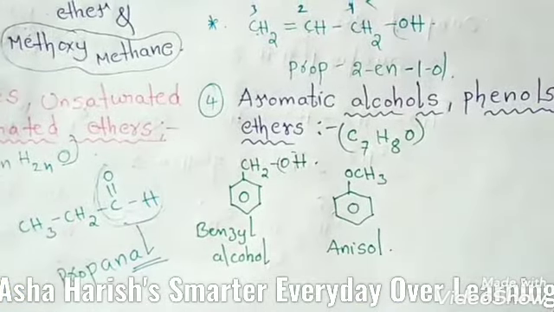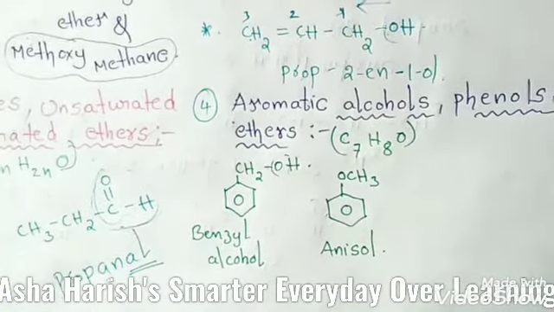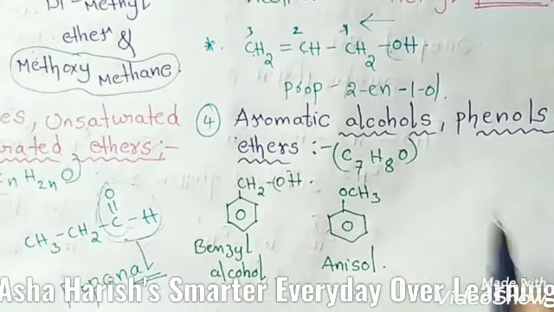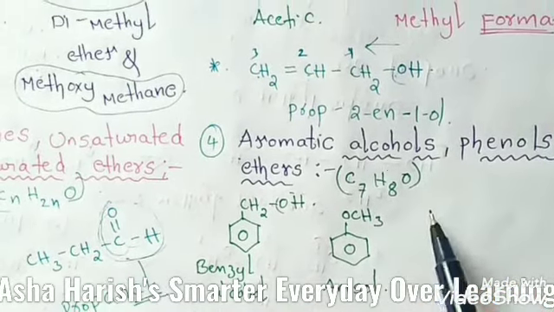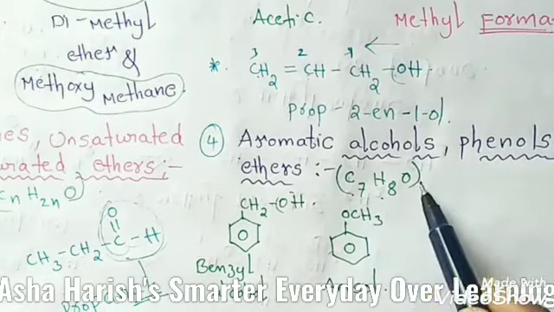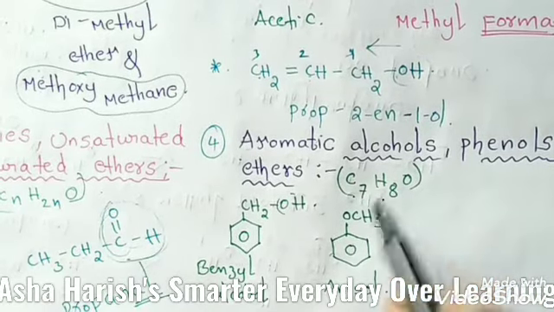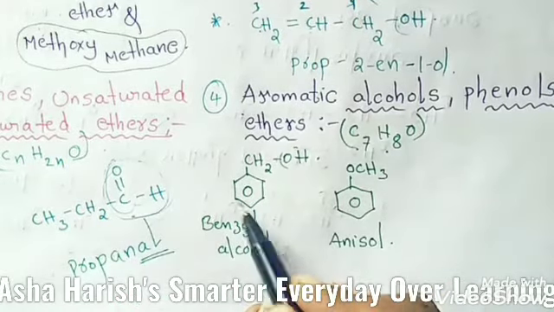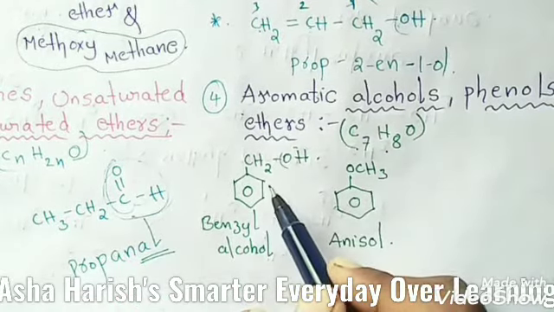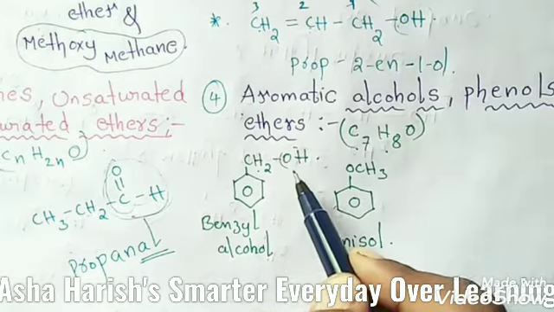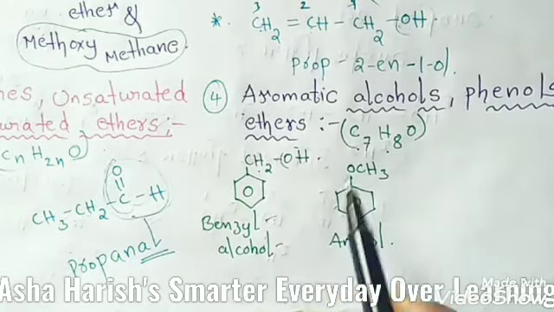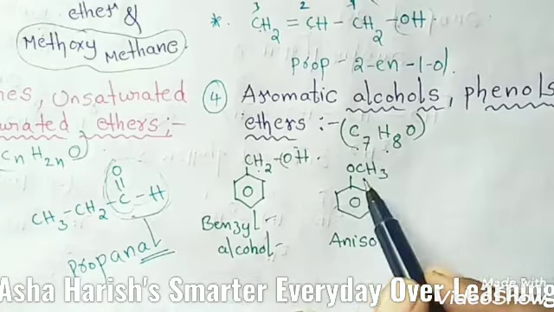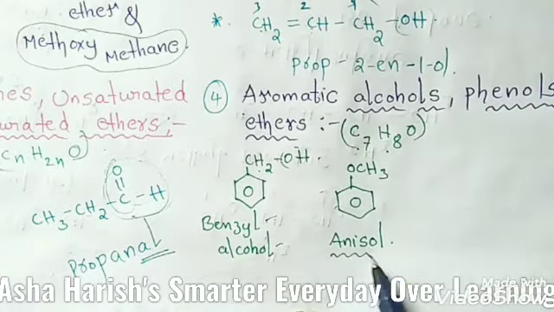Now let's go for the fourth one, aromatic alcohols, phenols and ethers. This shows the functional isomerism. For example, C7H8O represents the following structures. I'm going to draw these here. This is the benzene structure, and if CH2OH is located on the benzene, that is known as benzyl alcohol, and if OCH3 is located, that is known as anisole.